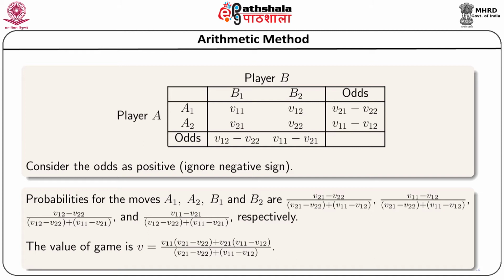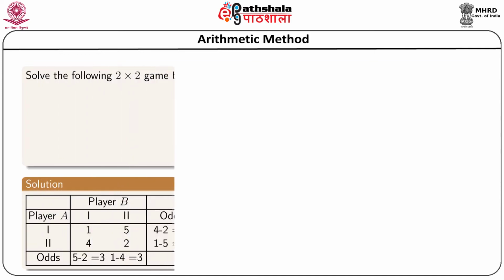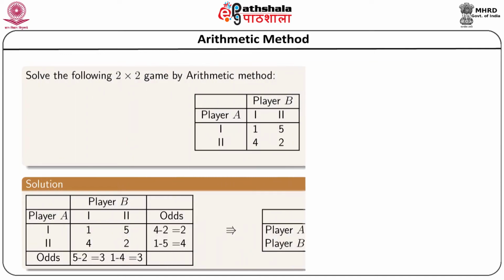For A1, it is (a22 minus a21) by (a22 minus a21 plus a11 minus a12), as written on the slide. This is the probability for the move of A1. Similarly, the other probabilities can be obtained and the value of the game finally can be obtained. So, we now define this method taking an example.